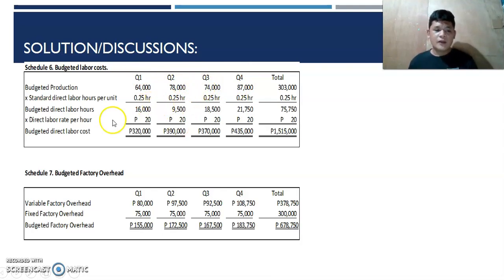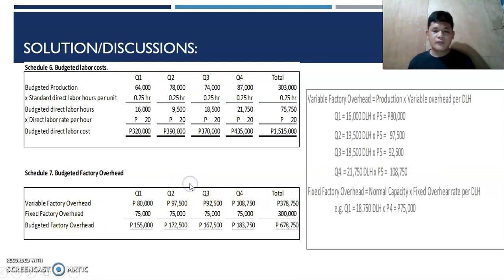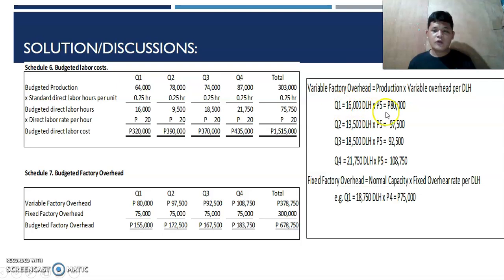Naintindihan? Next, budgeted factory overhead. So, variable factory overhead plus fixed factory overhead. So, quarter 1, quarter 2, quarter 3, and quarter 4. So, dito, class, ito na yung computation. For the variable factory overhead, paano siya nakuha? Yung 80,000.